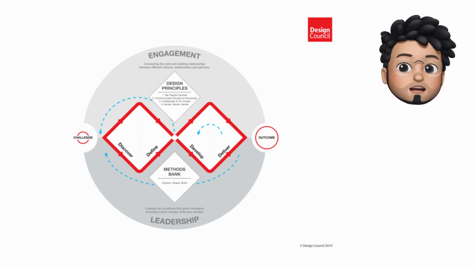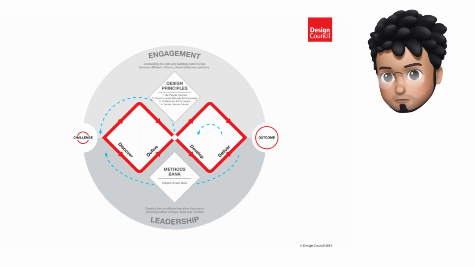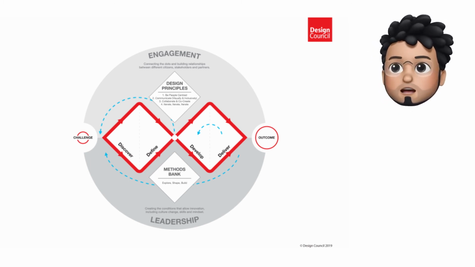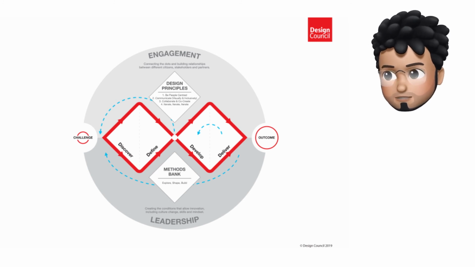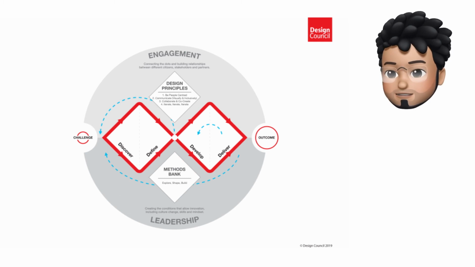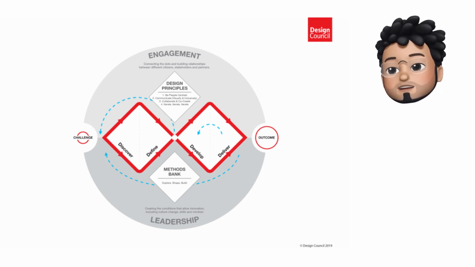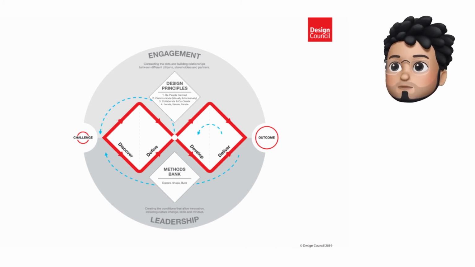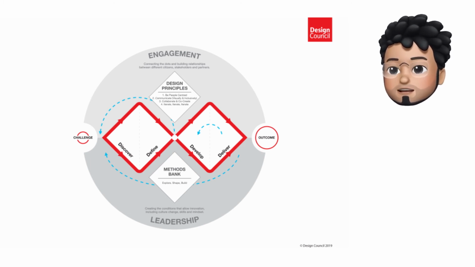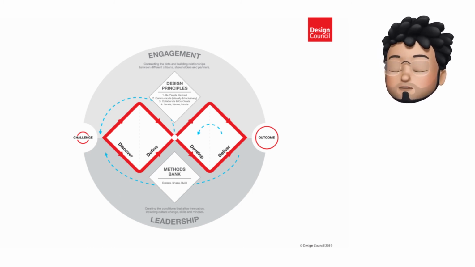Now that is a very, very popular design methodology, if I could say, the double diamond design methodology. Now there are so many other methodologies or concepts as well, but this is a very useful frame of reference if you want to understand how the UX process is.